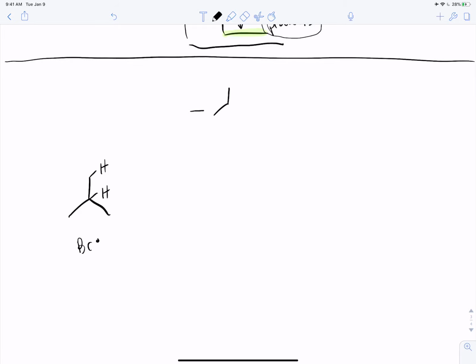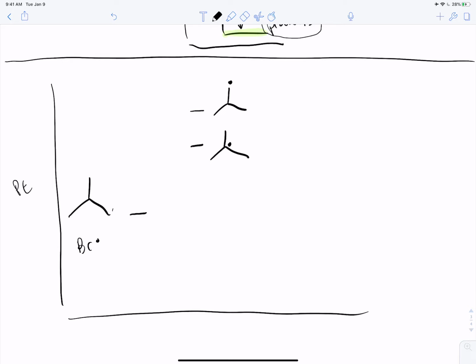I can form this, which is going to be higher in energy than this. Let me get rid of these hydrogens. I think they actually cause more confusion than they should. But I have two radicals I could form here. I'm starting with my reactants, which are down here.